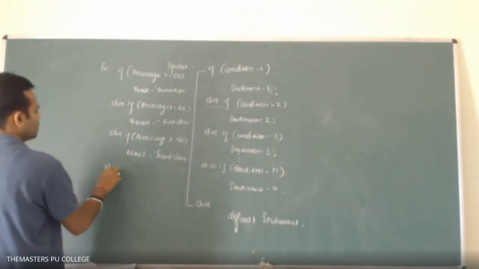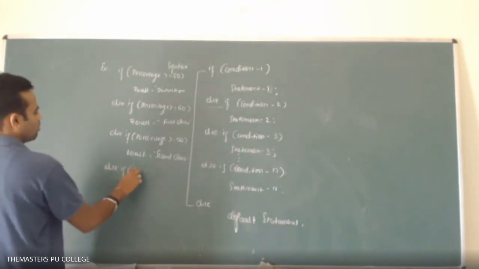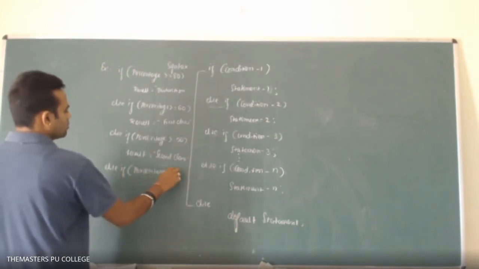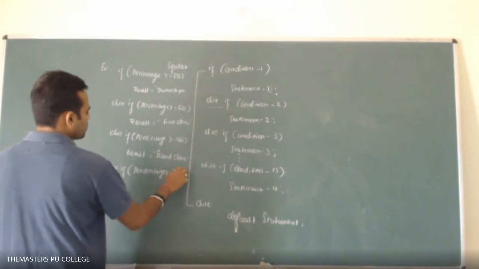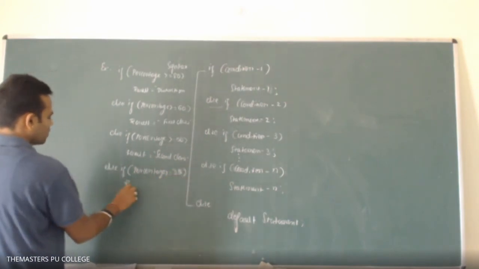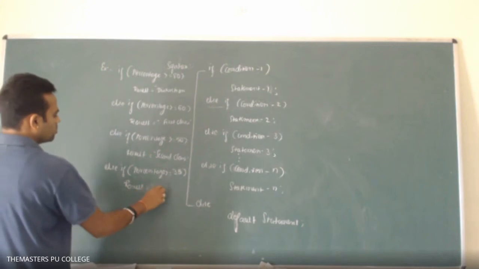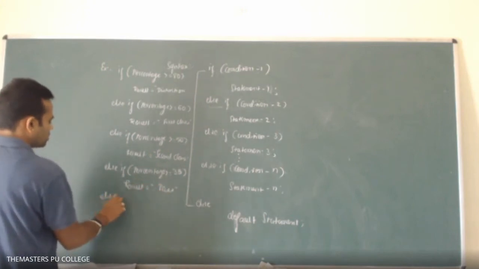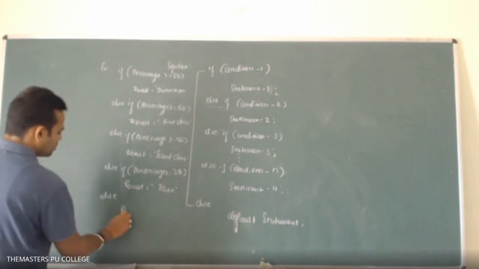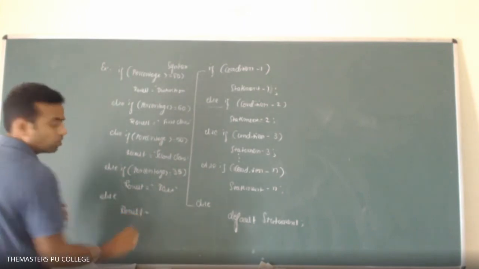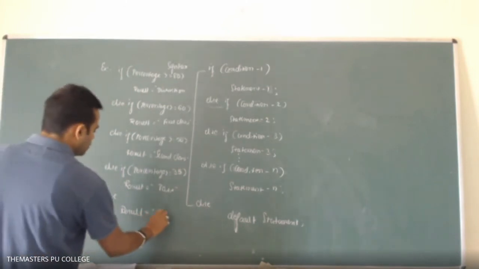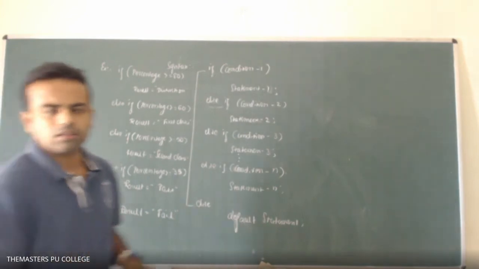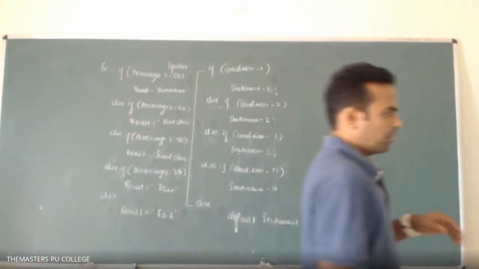Else if again another condition, percentage greater than or equal to 35, the result is equal to just pass. In all the other conditions, the last default statement, what will you write? The result is equal to Fail. That's it. This is the selection construct, the if else if statement.